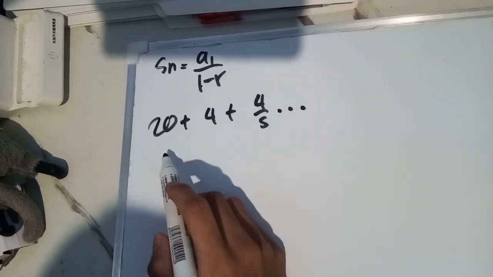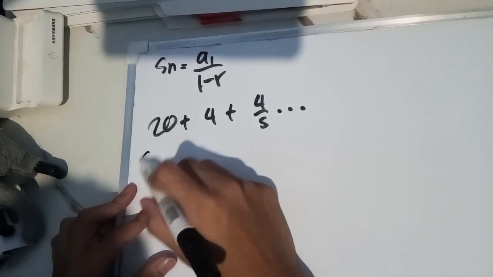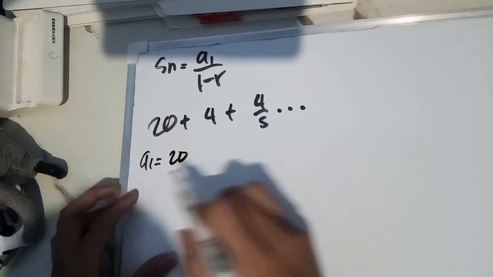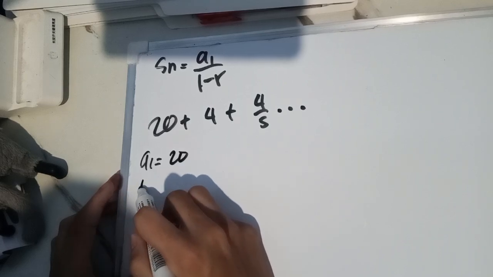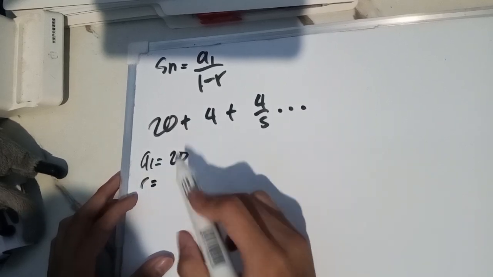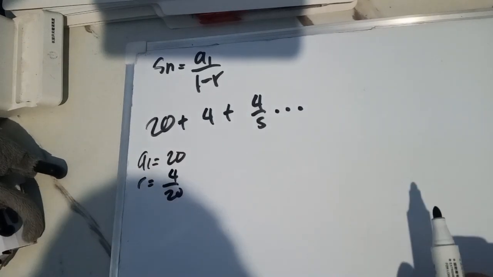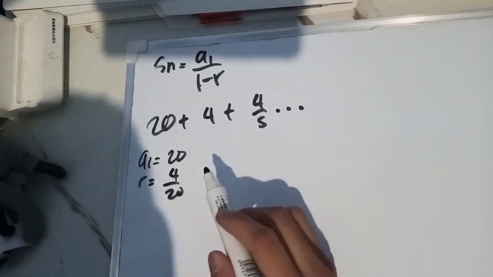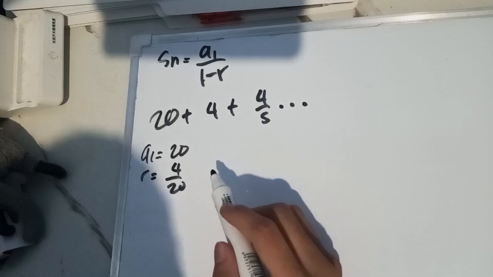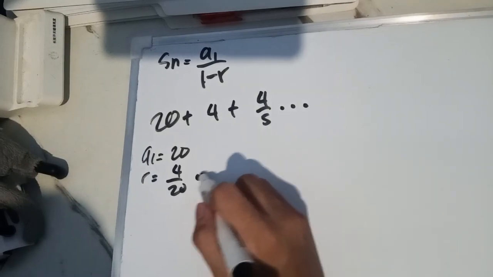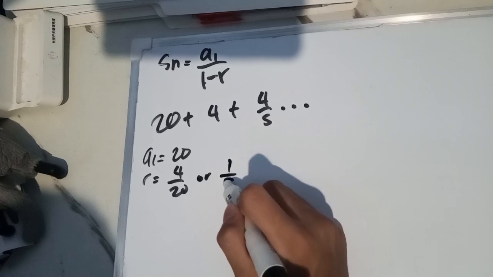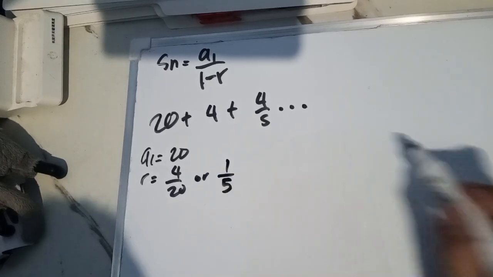Let's write the given first. Our a1 is definitely 20. And for our common ratio, we will have 4 over 20. See, second term divided by the first term. And 4 over 20 can simplify into 1/5. So, how did we get 1/5?